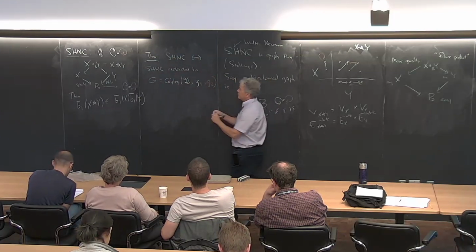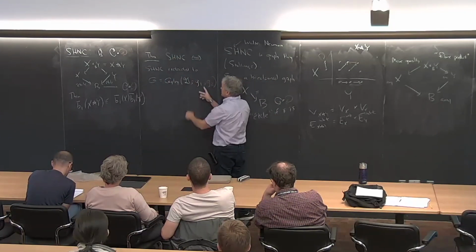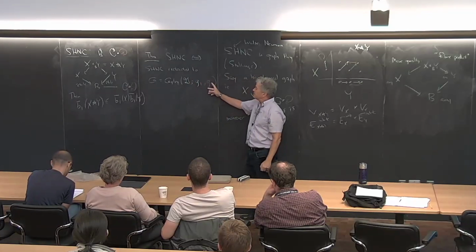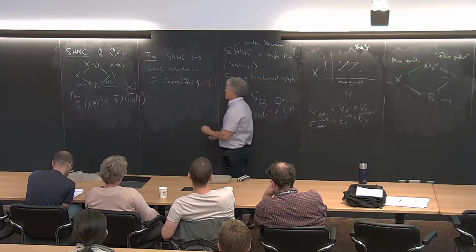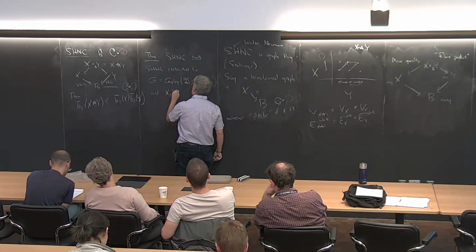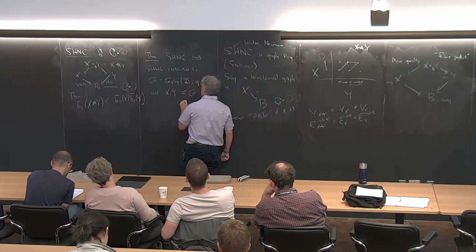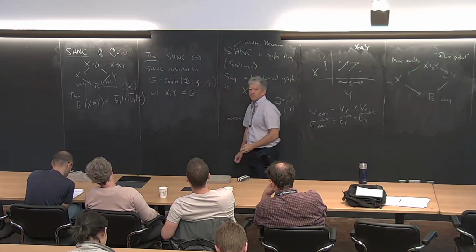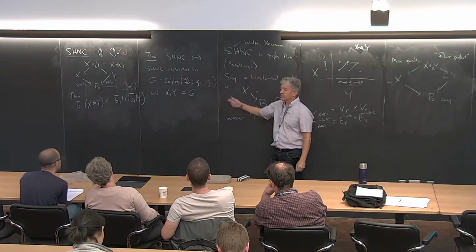It's a Cayley graph on a group G with two generators, which basically gives you a bicolored graph, and X and Y are subgraphs of G. This is the first result.